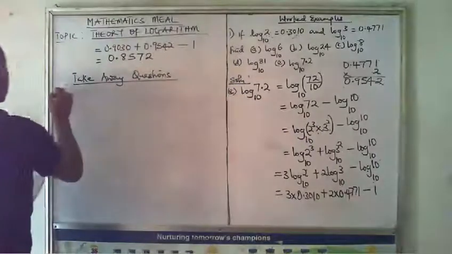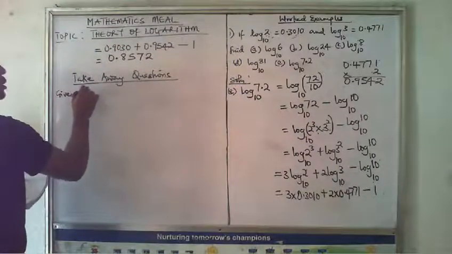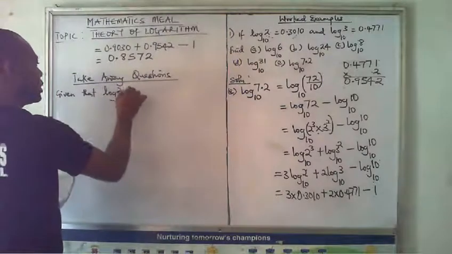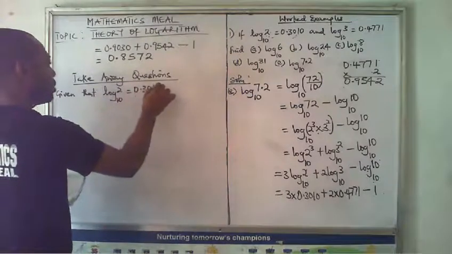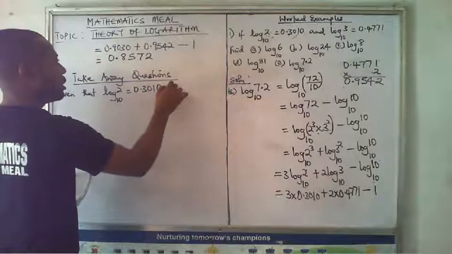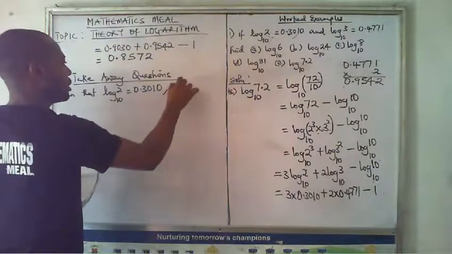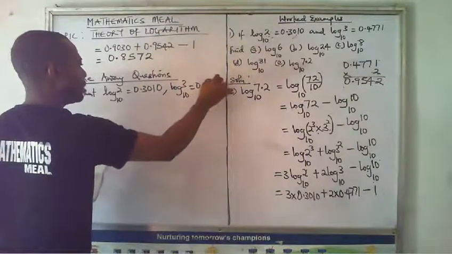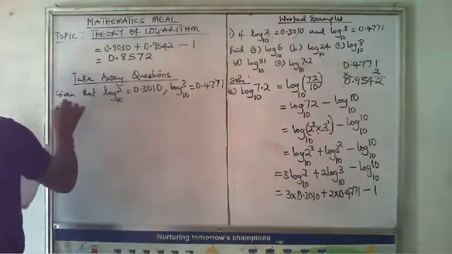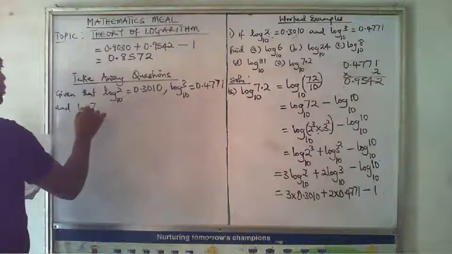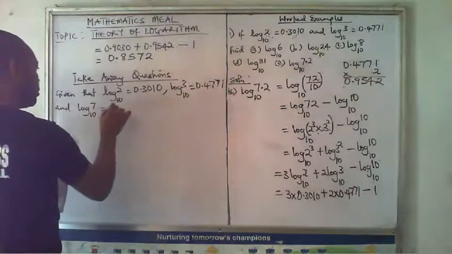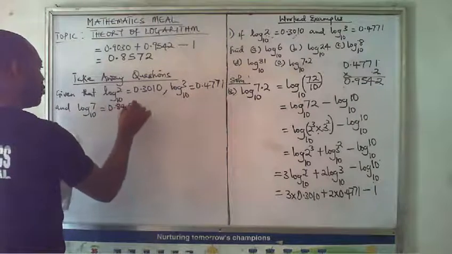Okay. Given that, still our beautiful log 2 in base 10 is 0.3010. Log 3 in base 10 is 0.4771. And log 7 in base 10 will be 0.8451.